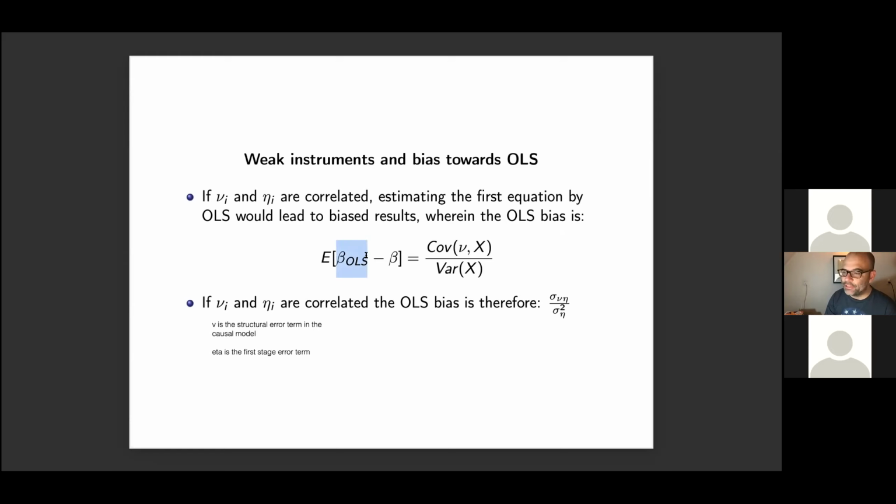We've got this constant here, the true causal effect, and this is a random variable. So you run this 50 times, you get different values of OLS. The difference between the two on average is a regression coefficient. Look how it's a scaled covariance. The regression is basically V onto X.